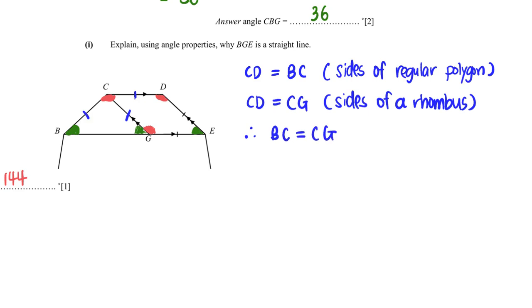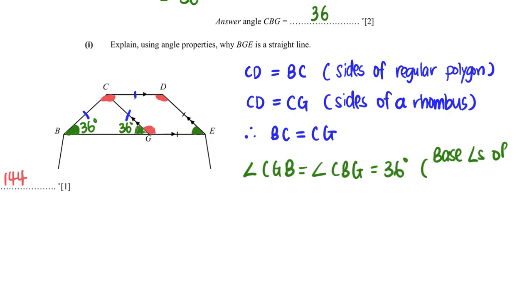Okay, that is important because then I will be able to gather that if this is 36 degrees, this is also 36 degrees. So angle CGB is equals to angle CBG, which is 36 degrees, since they are the base angles of an isosceles triangle.